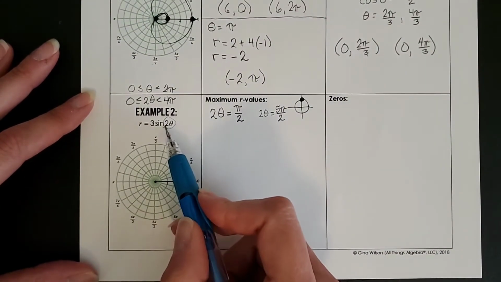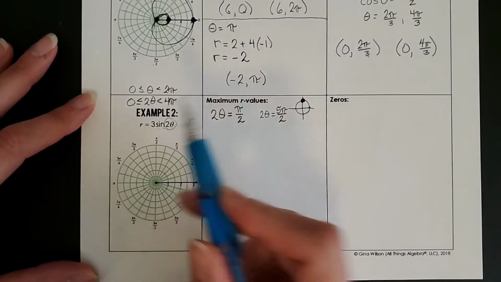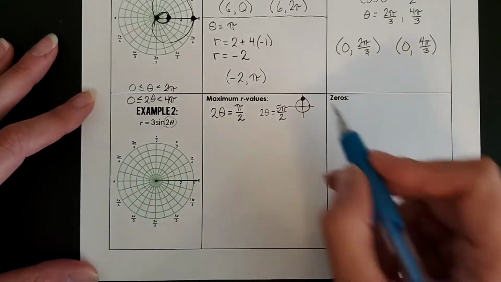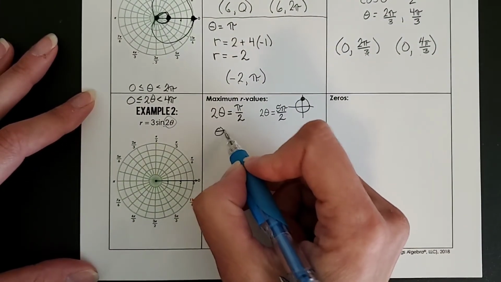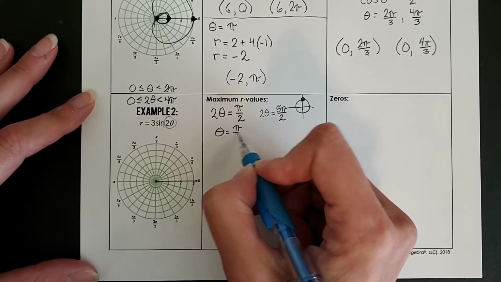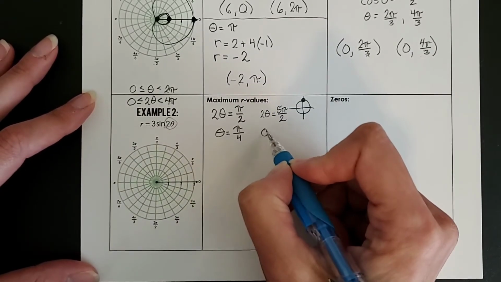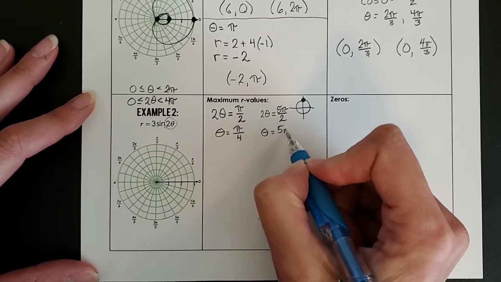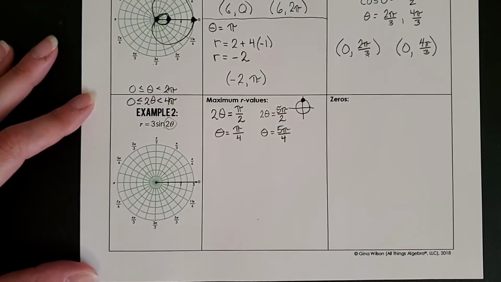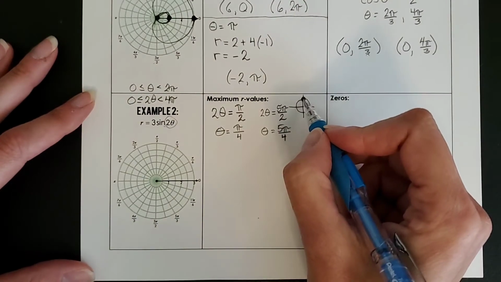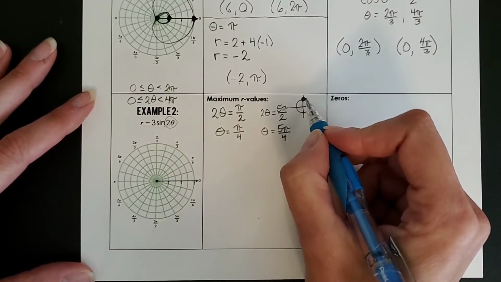That's what that 2 is telling us. Go around twice. So now we're going to have those extremes. If I just solve for theta, divide both sides by 2, this becomes pi over 4, and this becomes 5 pi over 4. That is where we'll have the extreme value of 1.